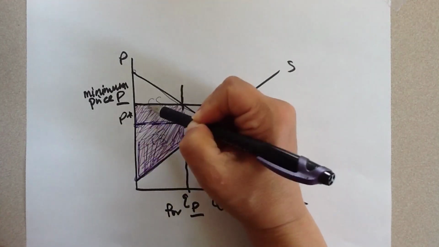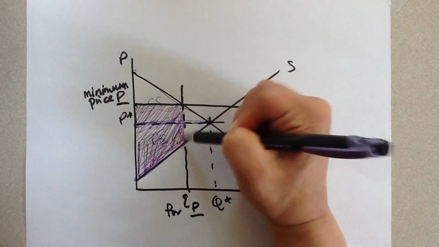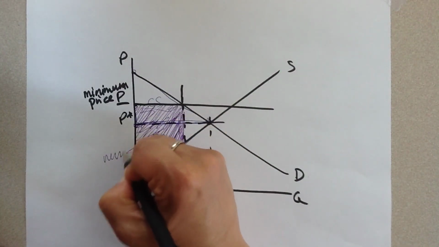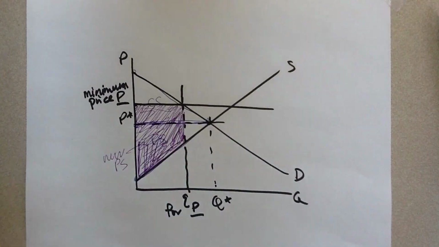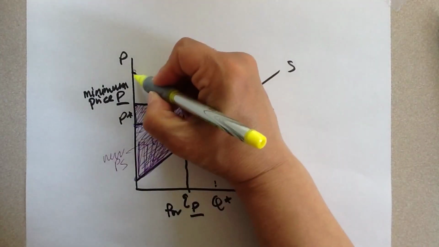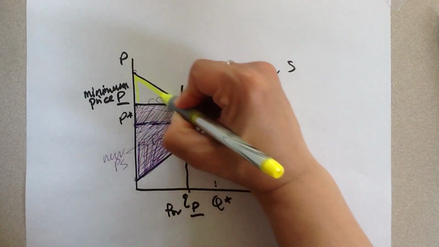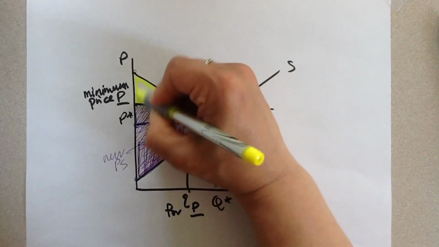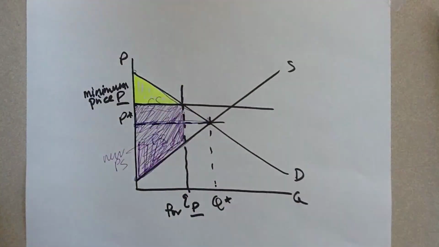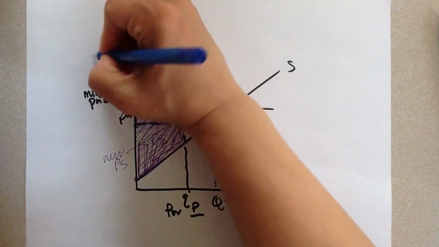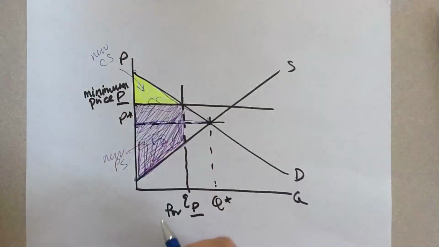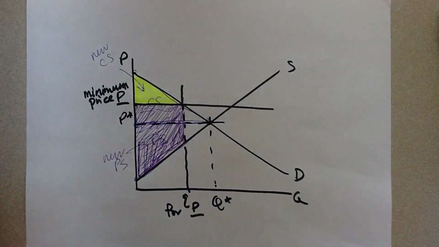And that is smaller as we go along, but there's always that gap there. So this is the new producer surplus. The new consumer surplus is this top little triangle, so that's been kind of cut off. Since they're paying a higher price than they were.